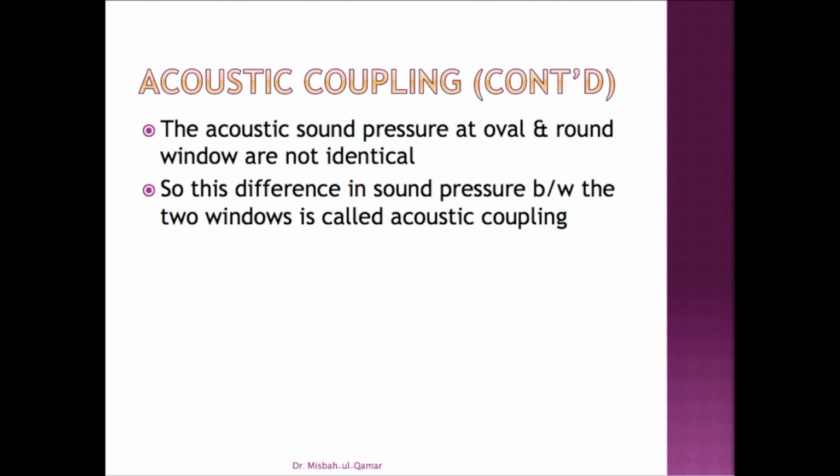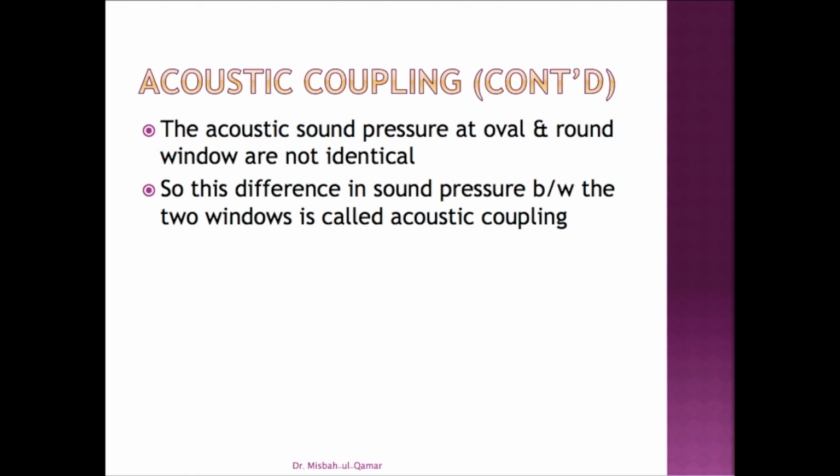Since the cochlear windows are separated by a few millimeters, the acoustic sound pressure at the oval and the round window is not identical, because they are separated by a few millimeters.